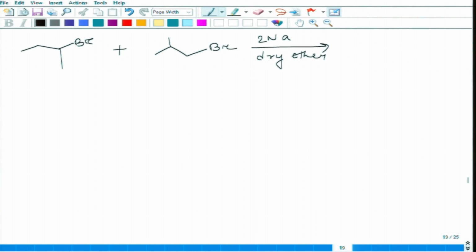What will happen? Now, we may expect that by joining two alkyl halides we will get something like this, but no, this will not be the only product. Let us see how many products are possible.